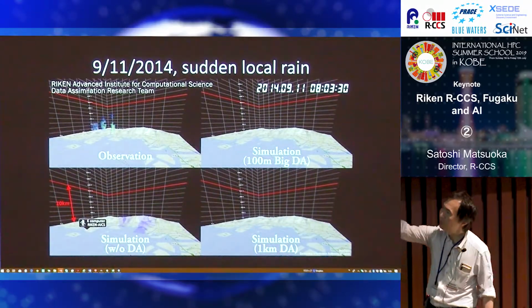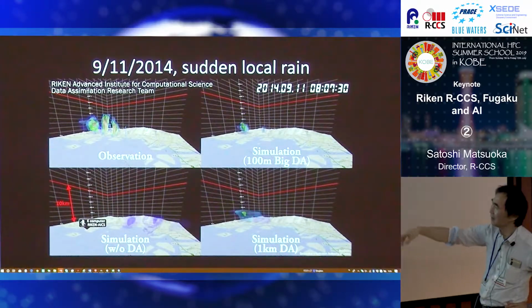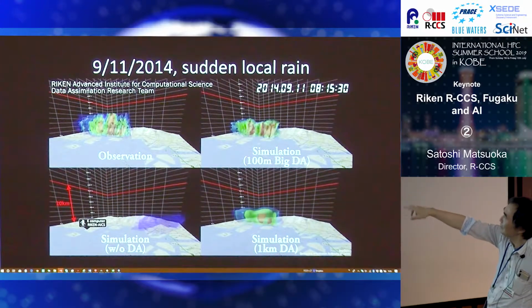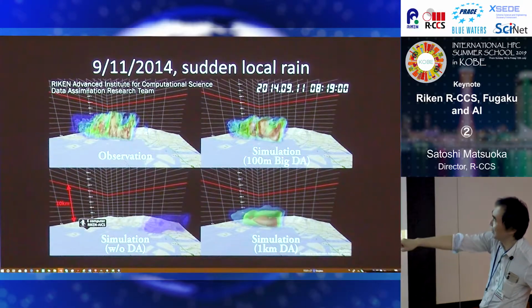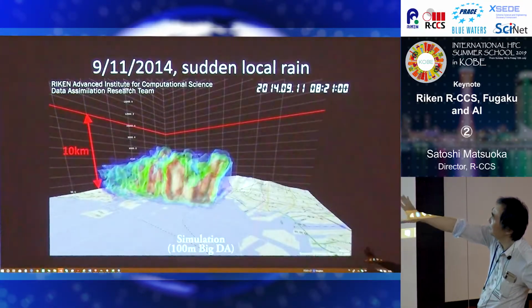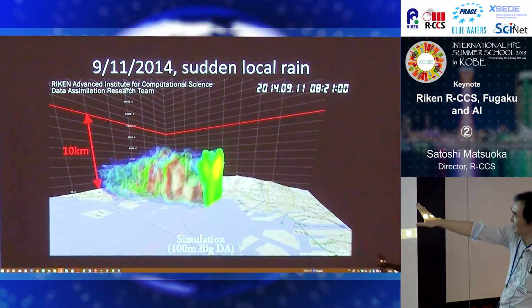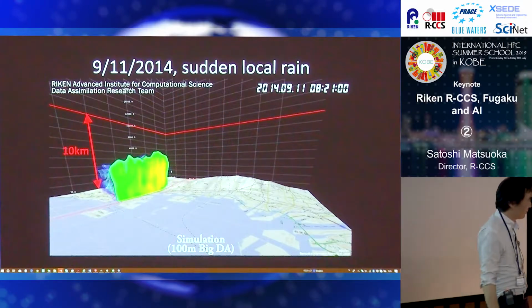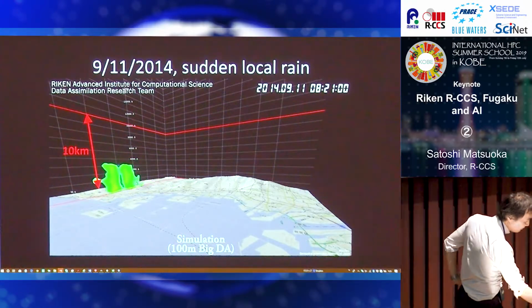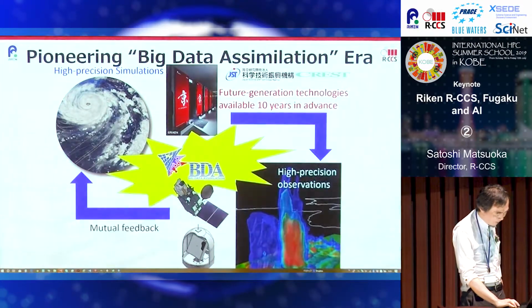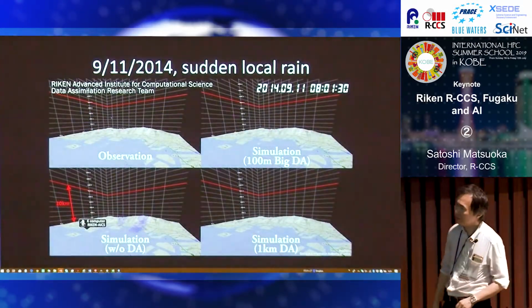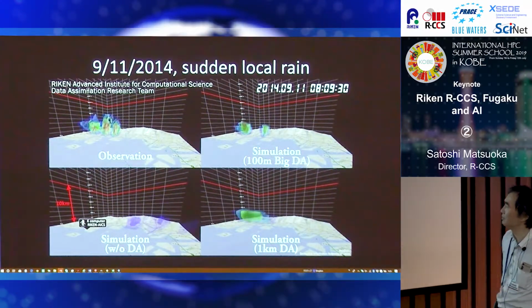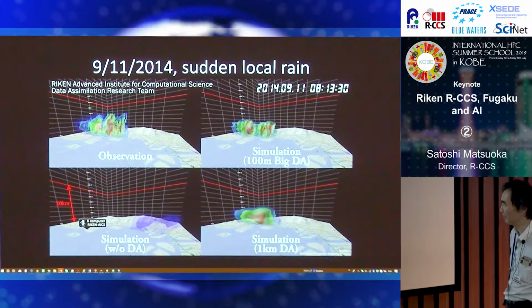So this is Kobe, the Osaka Bay. The left-hand side is observation, the amount of precipitation. And these are three other scenarios. This is the one that was done with 100-meter resolution and with data assimilation, and this is looking 30 minutes ahead. If I rerun the animation, you'll see that the simulation without data assimilation, since it's a chaotic system, just goes wild and there's nothing matching reality.